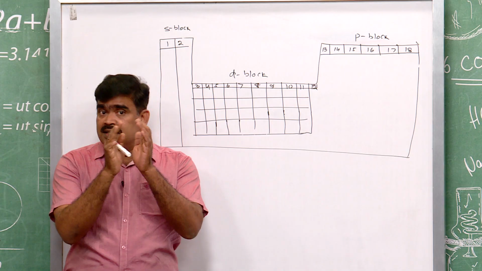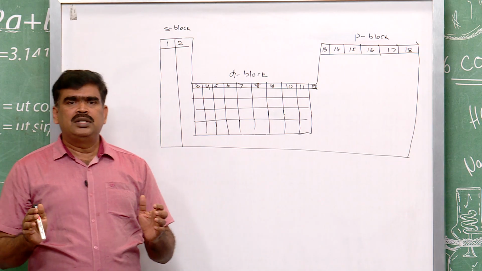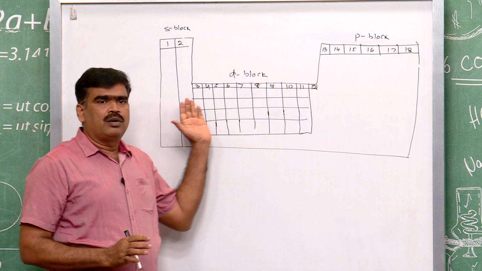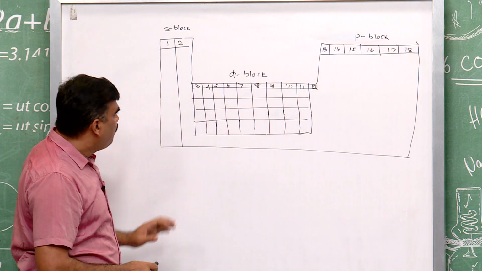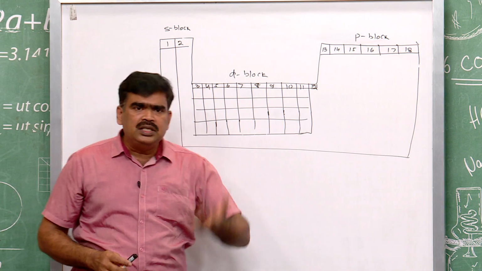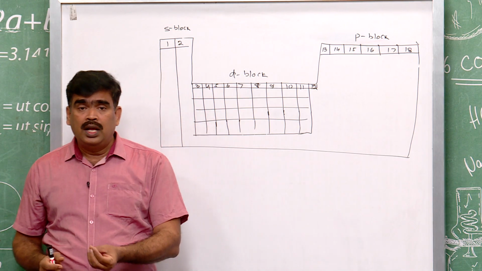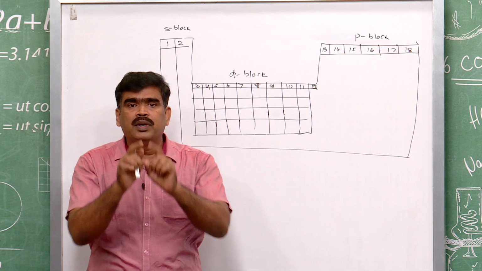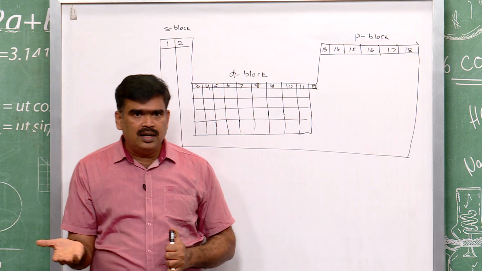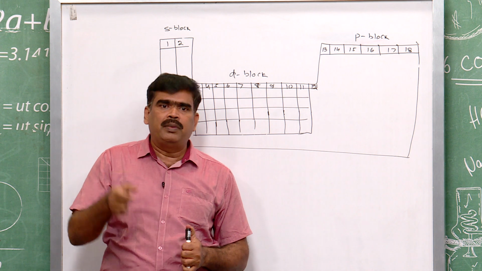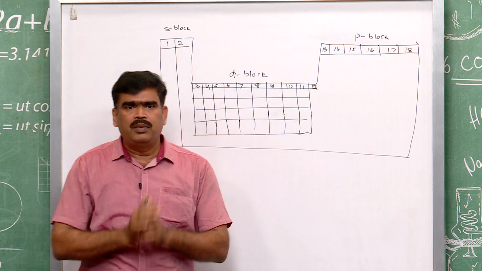That change is called transition, meaning the properties are intermediate between the electropositive S block and the P block. Number 2, the valence shell, the outermost shell, and the nearest inner shell are both incomplete. The valence shell and the nearest inner shell, the penultimate shell, are both incomplete.